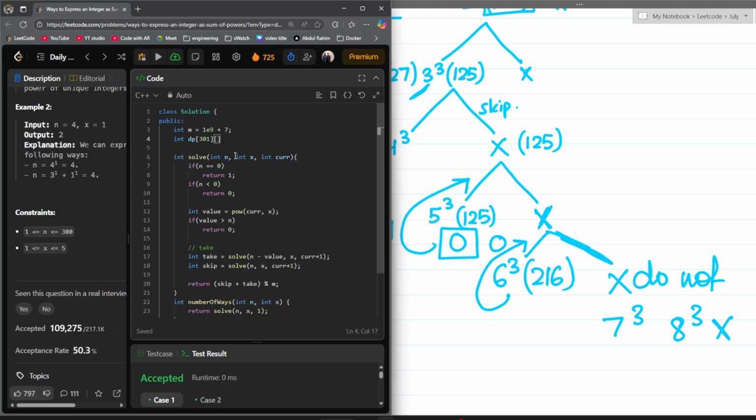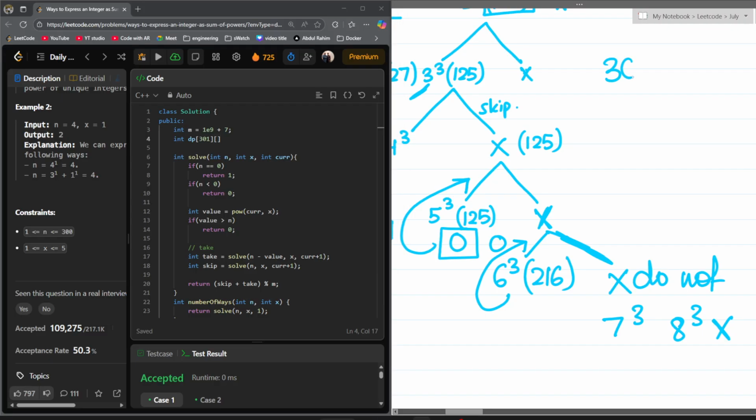In order to store that, the next thing which is changing is current. So basically 1, 2, 3, and so on and so forth. And if you think about it, the maximum value which current can go up to is also 300. Why?